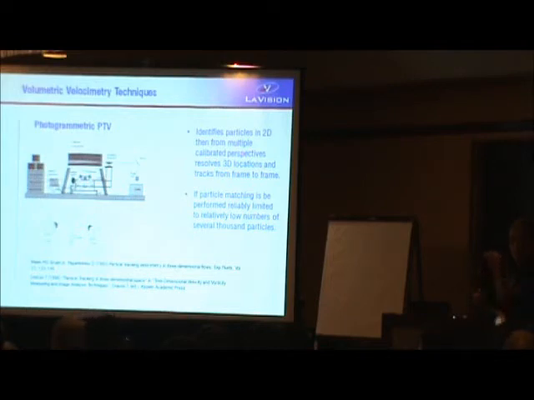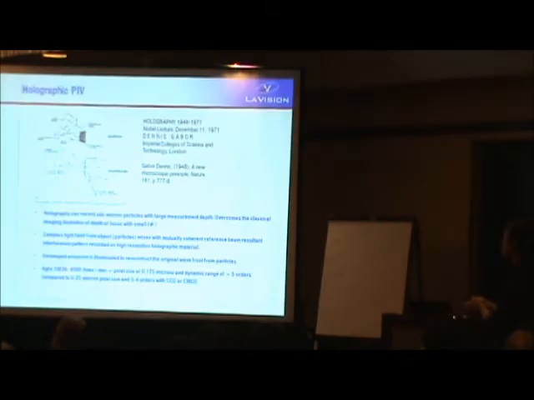As the aperture decreases, the point spread function, or the smallest resolvable object, gets greater. The key thing with holography is that you achieve submicron resolution, so you can resolve tiny features, but you can also record a very large measurement depth, and it overcomes the classical imaging limitation of depth of focus with small f-number.